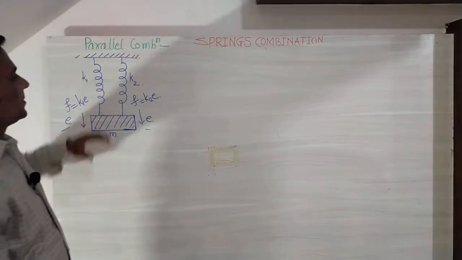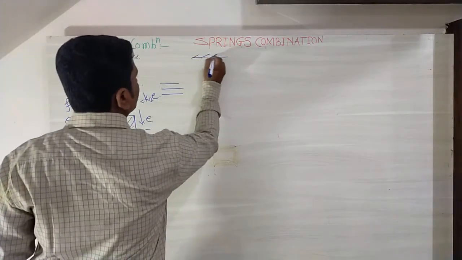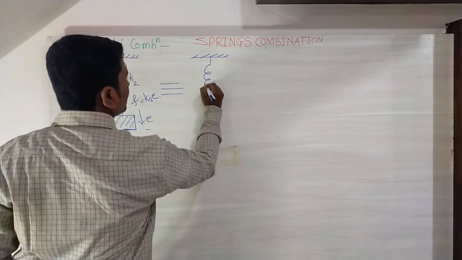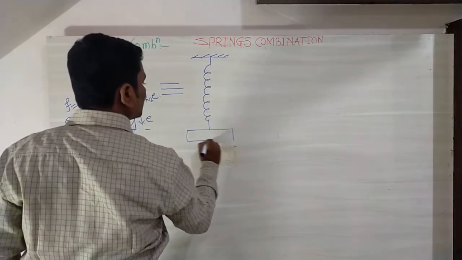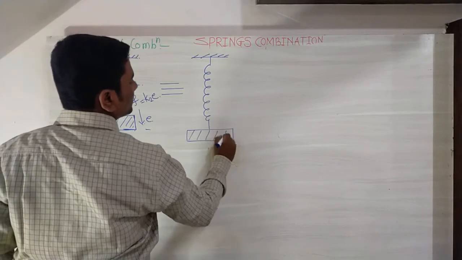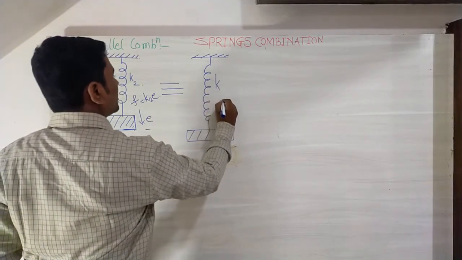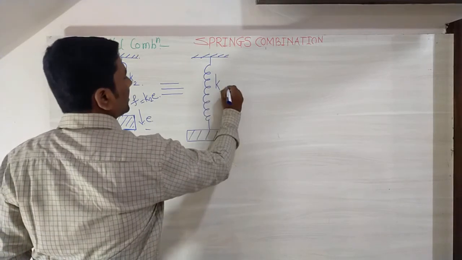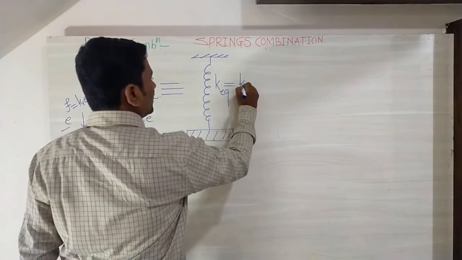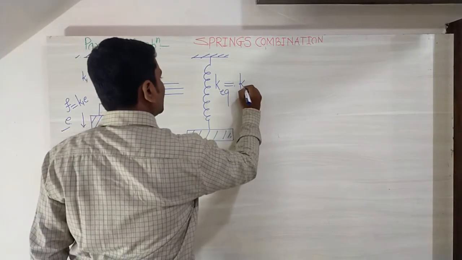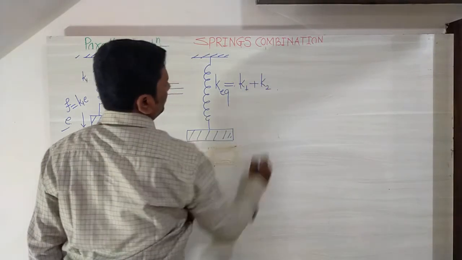That whole system can be replaced by a single equivalent system like this. Then the force constant, K equivalent in a parallel combination, is equal to the force constant of the first spring K1 plus K2.